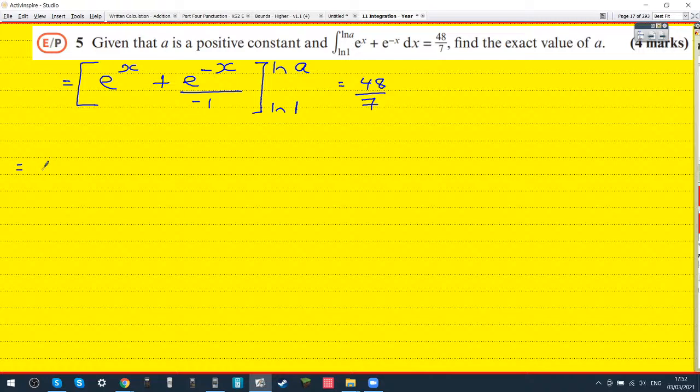What's next? Substitute ln a for x, minus substitute ln 1.